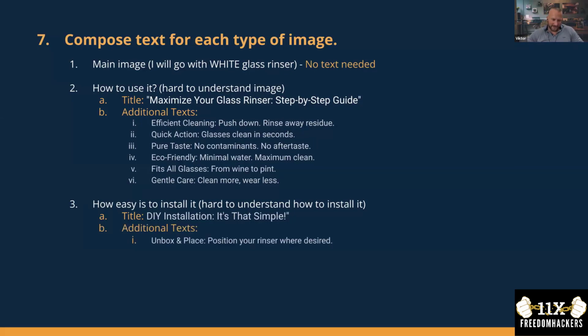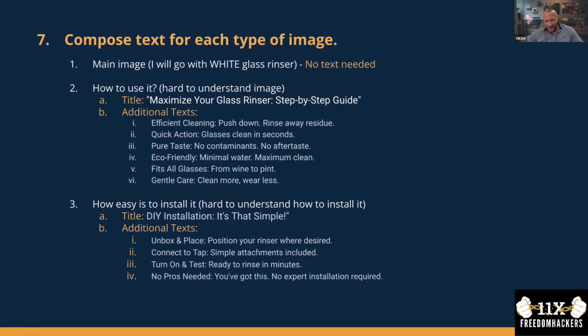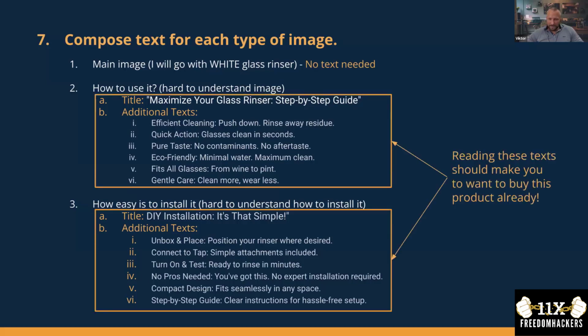Additional text: unbox, place, position your rinser where desired, connect the tap, turn on the test, no pros needed, compact design, step-by-step guide. So basically, step number 7 is for me to figure out these texts that should make you want to buy this product just by reading them.